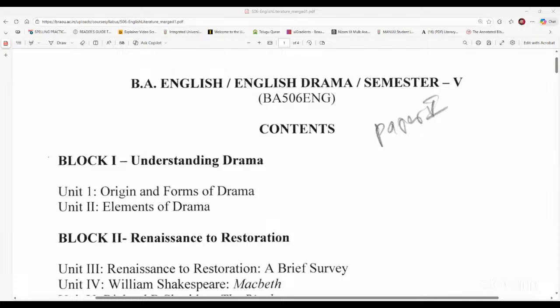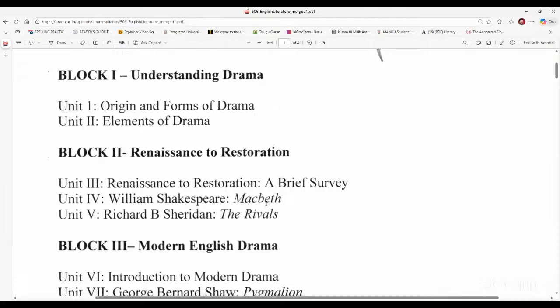And in the next class, hopefully we'll start unit 2. After this background overview, we'll move on to block 2, which is about Renaissance to Restoration. So in the next class, after a brief introduction of Renaissance period and Restoration period, we'll try to take up Shakespeare's Macbeth and Sheridan's The Rivals.